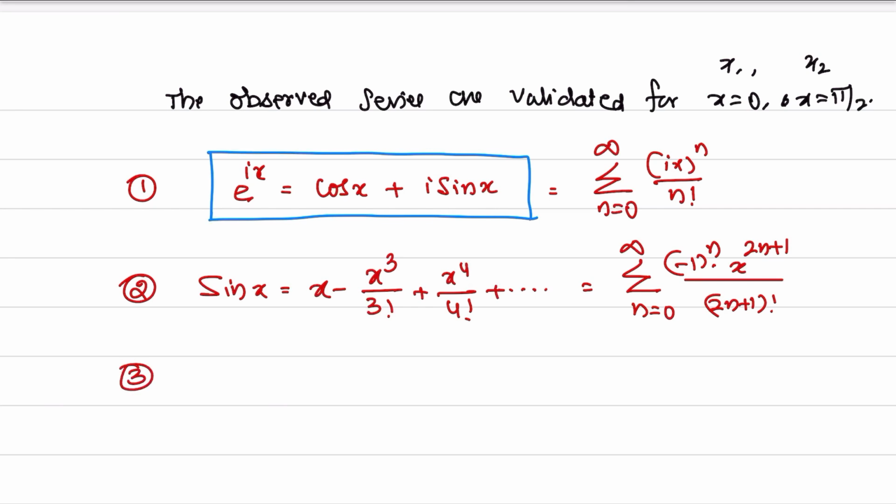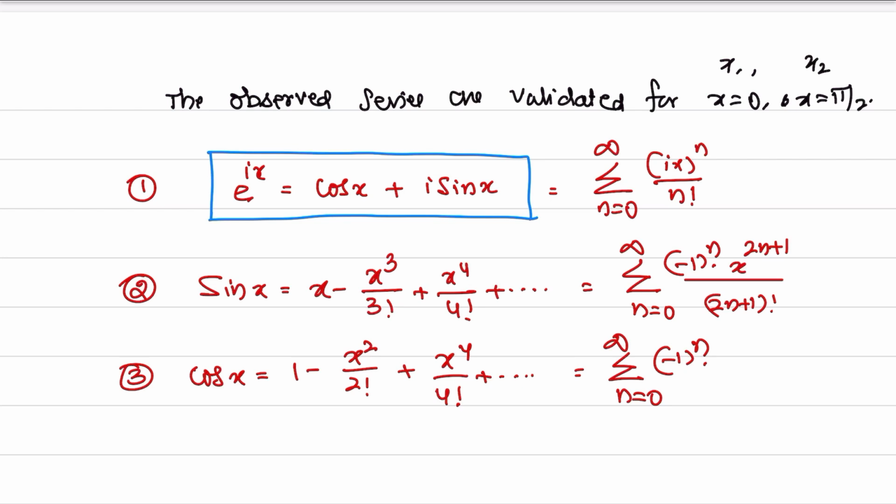What is the third observation? Cos x is equal to 1 minus x square by factorial 2 plus x to the power of 4 by factorial 4 plus so on. That can be written in a summation form, n is equal to 0 to infinity, minus 1 to the power of n into x to the power of 2n, whole divided by 2n factorial.